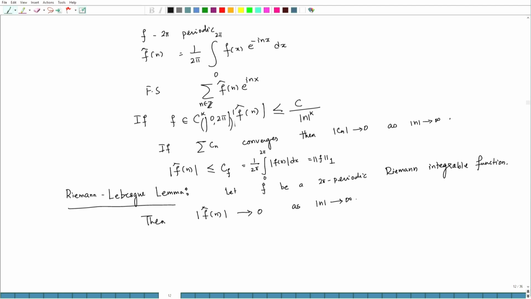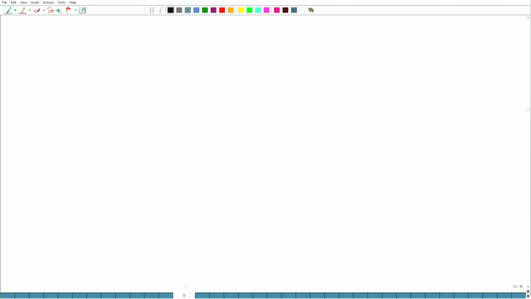Okay, so, to write the proof for this, let us write down f hat of n. This by definition is 1 by 2 pi integral 0 to 2 pi f of x e to the power minus i n x dx.